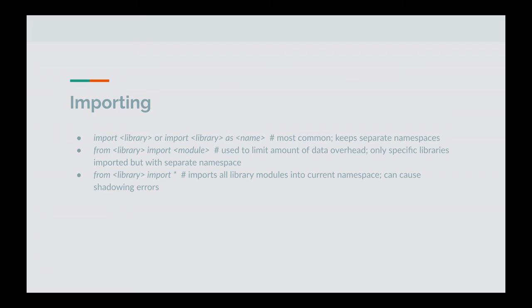You can call cosine directly and not have to worry about math.cosine. The problem is then you start running into potential shadowing errors because you can have the same name and not know it.